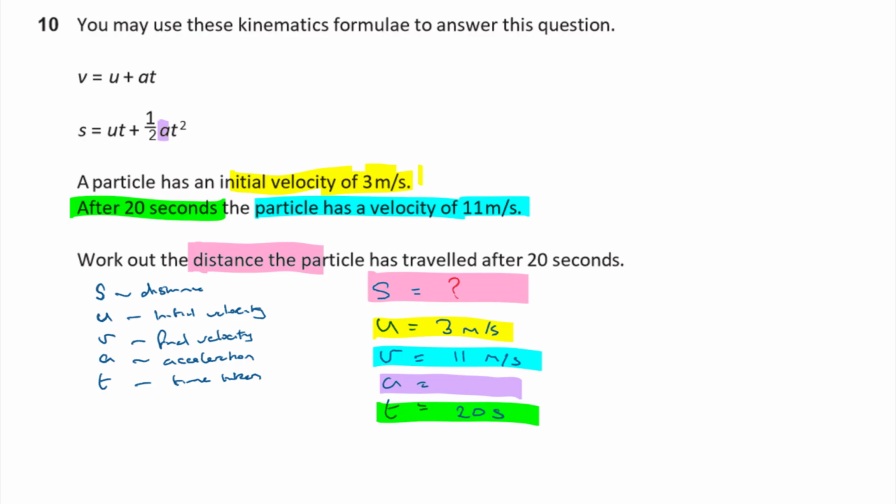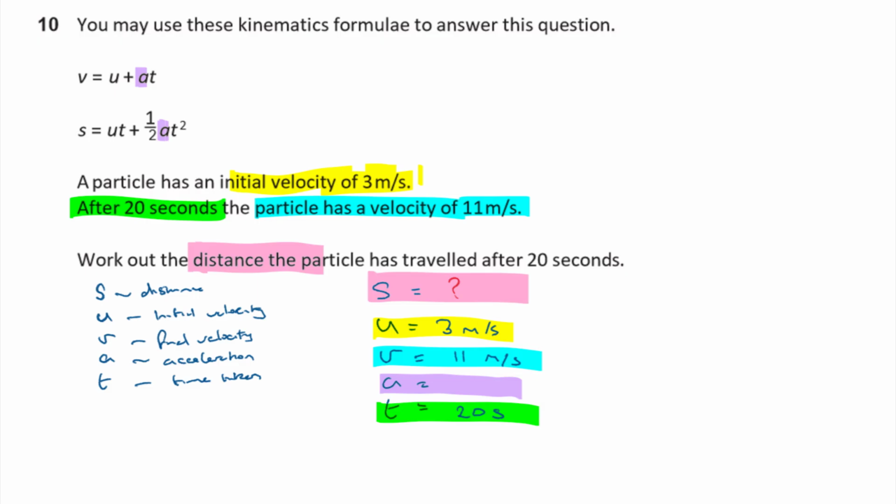So I think we're going to take the first formula and rearrange it for a, sub in what we need from our SUVAT table to find out what a is. And once we know a, we can then use the second formula to work out s, the distance. Sound like a plan? So we're going to go for a first.